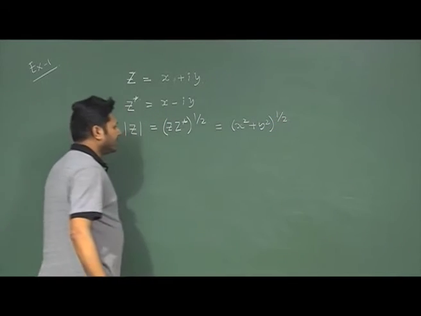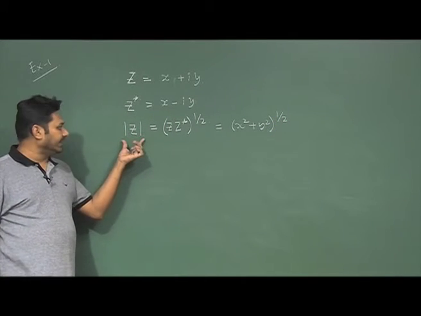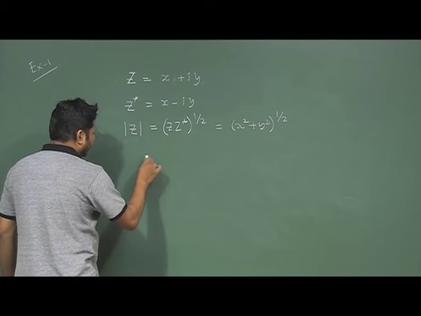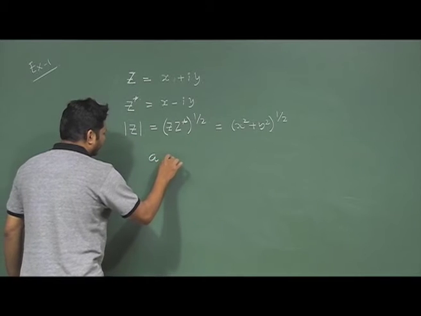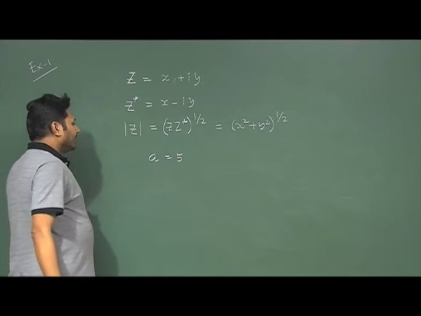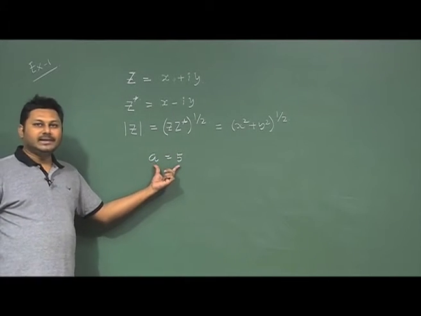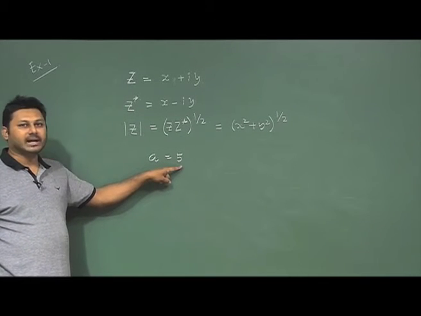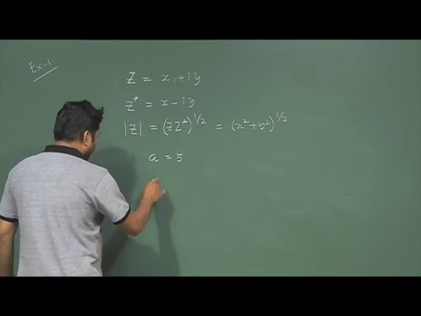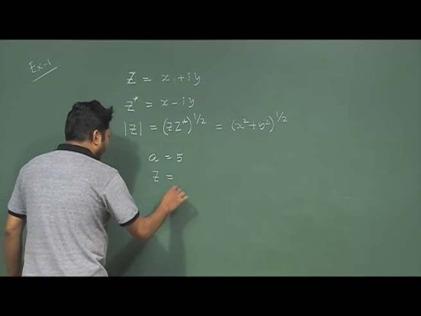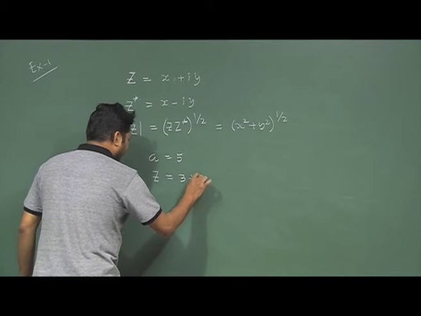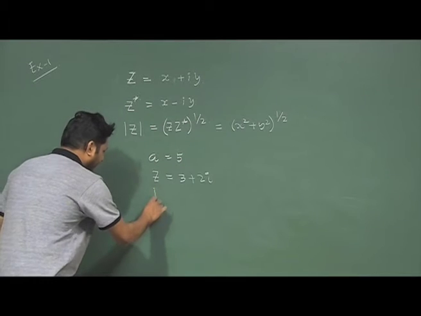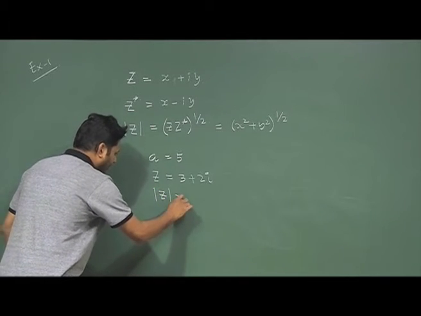The same thing I am writing, but you need to understand one thing: for real numbers, if a is a real number equal to 5, then the magnitude of this quantity is 5. We do not need to do anything with that. But if I write another number z, which is 3 plus 2i, then the magnitude is something different.